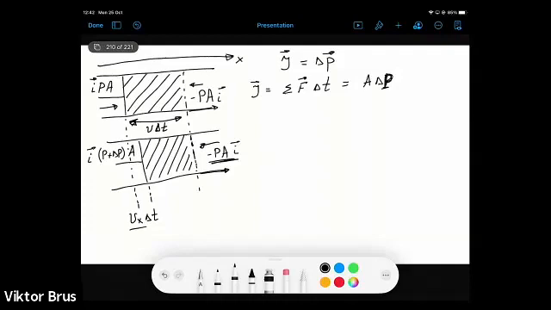Let's mark it like this. We consider only excessive pressure because it's net force, means we consider only excessive force because of excessive pressure from the left side. A times delta P times delta T, and we can multiply it by this unit vector I.